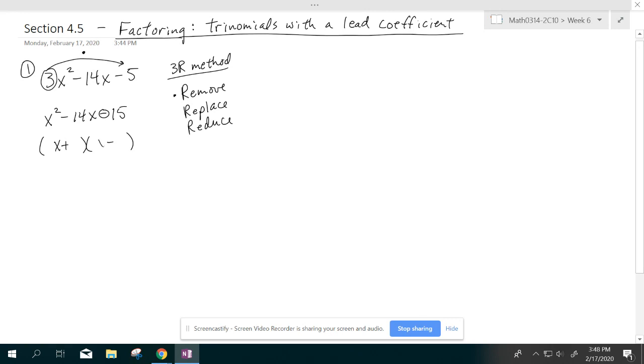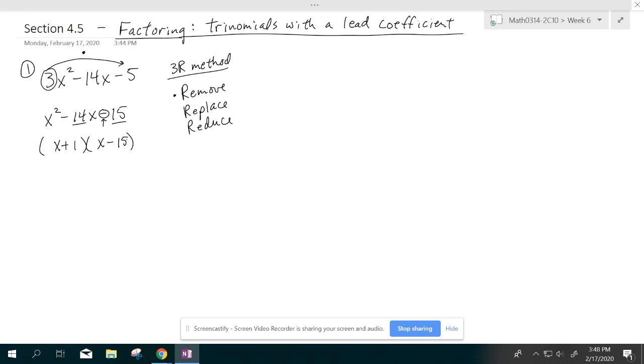X and X. See how easy that is now? X and X make X squared. And I'm going to need numbers that multiply to make 15 that subtract and make 14. And I heard you say negative 15 and 1, which is fantastic.